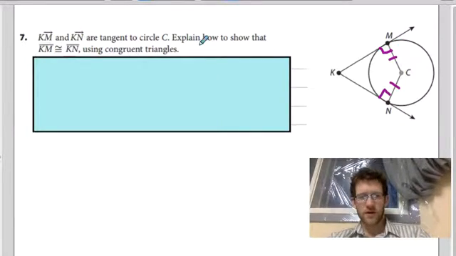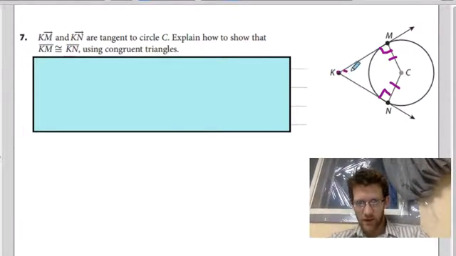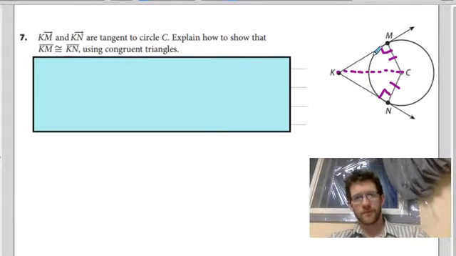So how do we know that KM is congruent to KN? Well, guess what? We're going to split this into two triangles. And then whenever we make two triangles, we need to prove that they're congruent. So I know that KC is congruent to KC, MC is congruent to NC, and angle KMC is congruent to angle KNC.